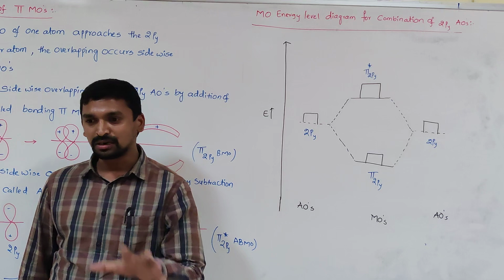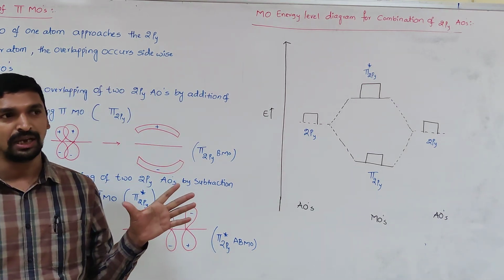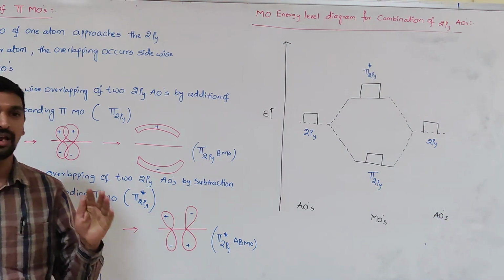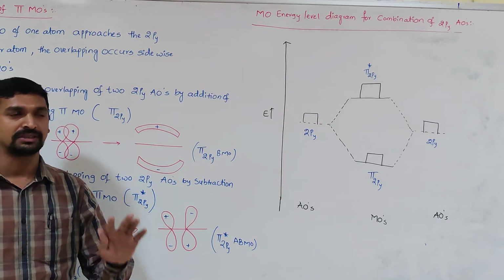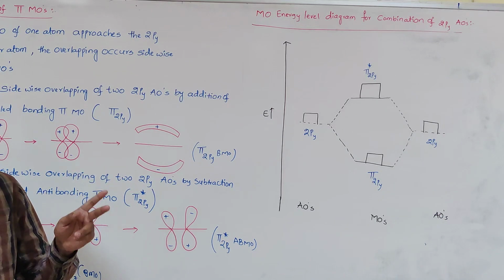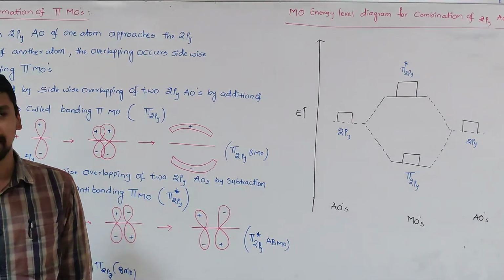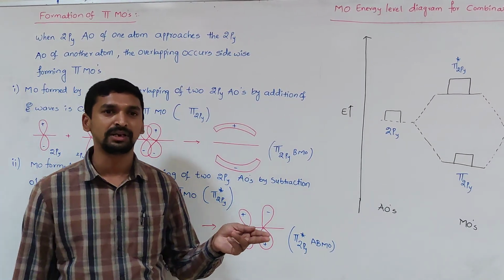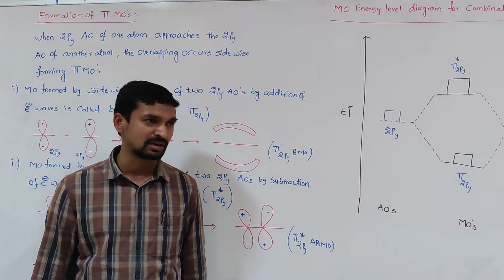Simply, whenever the 2p atomic orbitals combine, three bonding molecular orbitals and three anti-bonding molecular orbitals are formed. Of these six molecular orbitals, two are related to sigma and four are related to the pi molecular orbitals. In sigma, one is the sigma 2px bonding molecular orbital and another is the sigma star 2px anti-bonding molecular orbital.